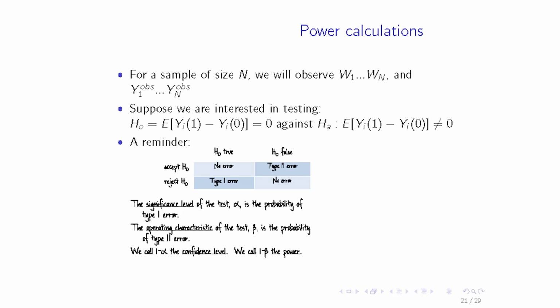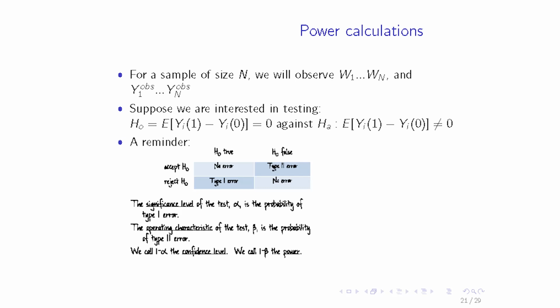So the significance level of the test alpha is the probability of type 1 error, and 1 minus alpha is the confidence level. The operating characteristic of the test beta is the probability of type 2 error, and 1 minus beta is the power. I call beta not the operating characteristic, but the probability to be disappointed.